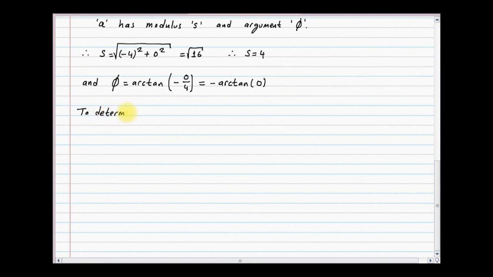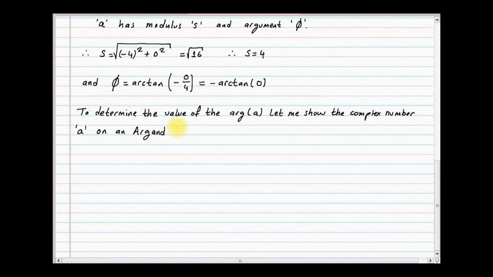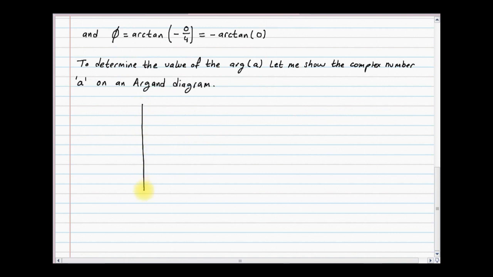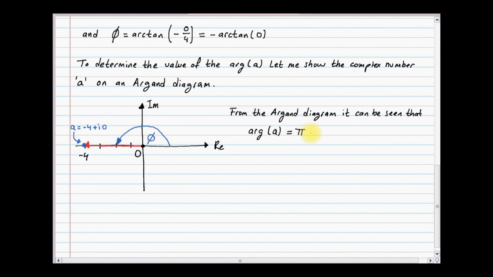Now, to determine the value of the argument of a, let me show the complex number a on an Argand diagram. From the Argand diagram, it can be seen that the argument of a is equal to pi radians.